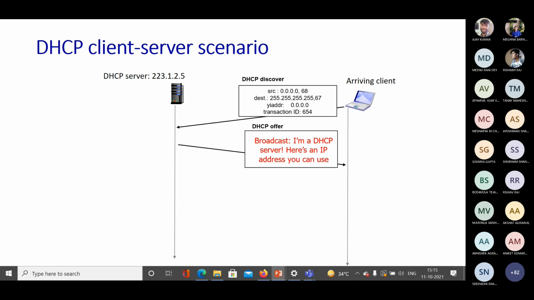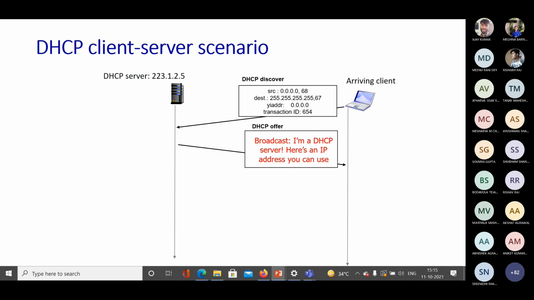First the client sent a DHCP discover message. After receiving it, all other hosts receiving this DHCP discover message are not going to do anything because they are not the DHCP server. Only the DHCP server is going to act upon it.